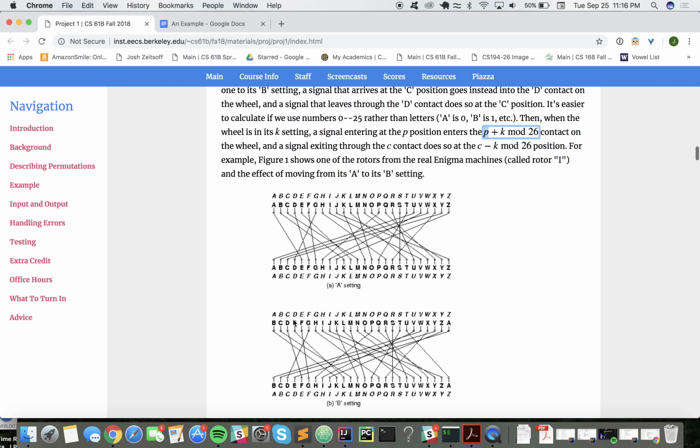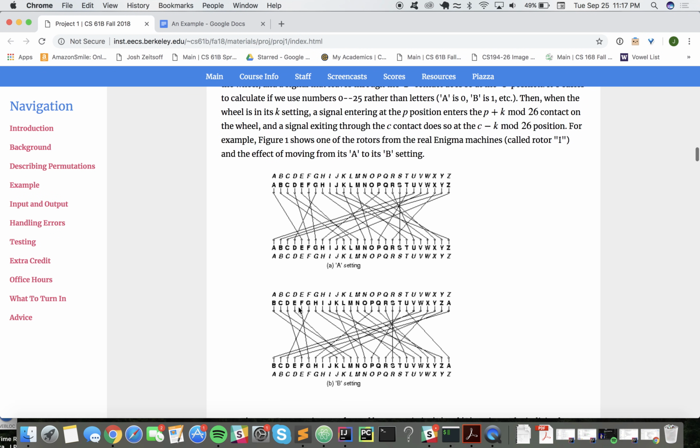Well, in our little example, we're starting at A, so P is 0. We said it's K setting, so in our B setting, K is 1. So P plus K is just 1 mod 26. And mod 26 is just making sure our numbers are in the range 0 to 25, which is the length of our alphabet. So position P is A, so 0. Setting K is 1, so the 1 contact, so A enters as B.